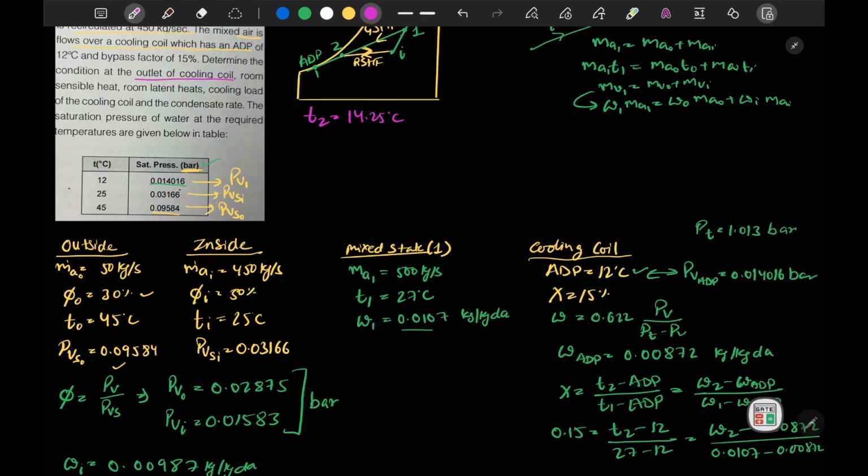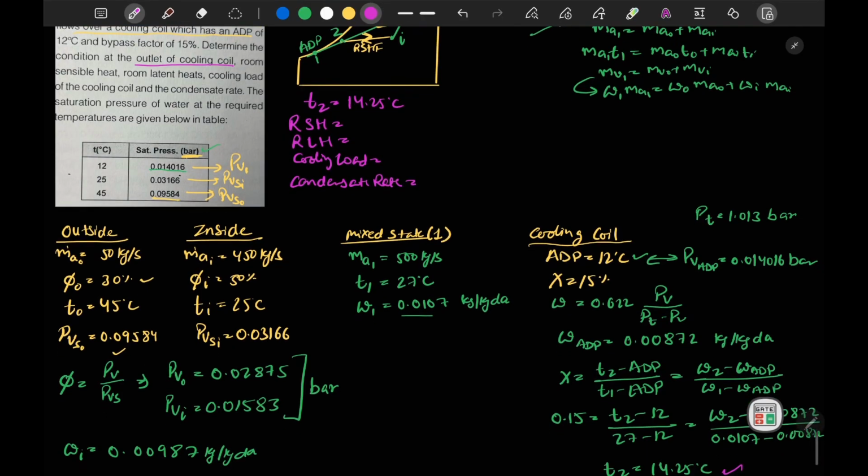So we have to calculate room sensible heat, room latent heat, cooling load, and condensate rate. So we have to calculate these values.